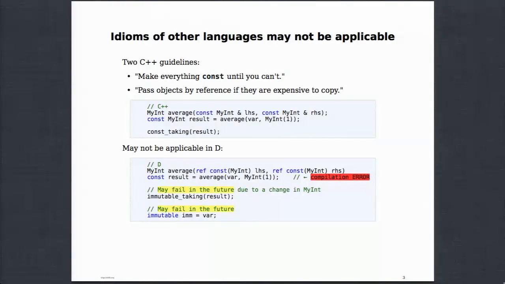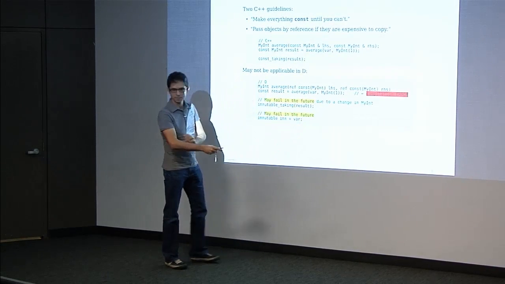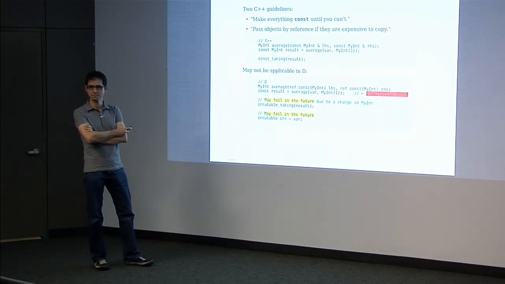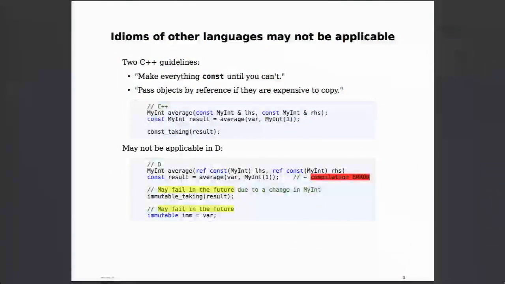They are not applicable in D. First of all, the first attempt here, it's a one-to-one translation of that C++ to D. Here you have a const result. That rvalue will not compile, because in D you cannot bind rvalues to references, even if they are const references. And interestingly, now I'm cheating here a little bit.